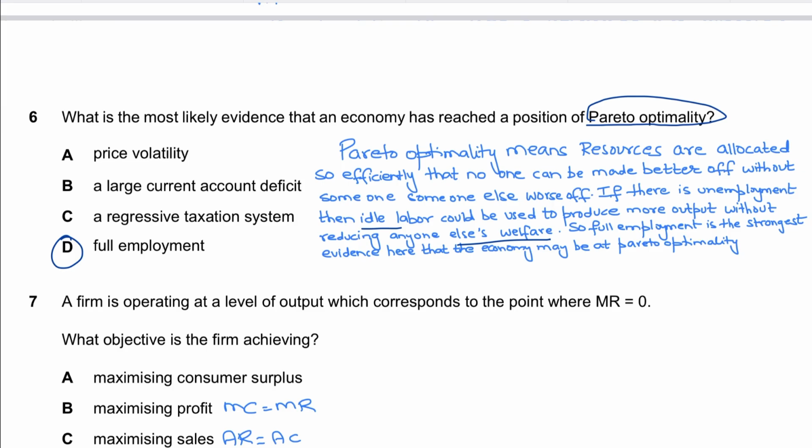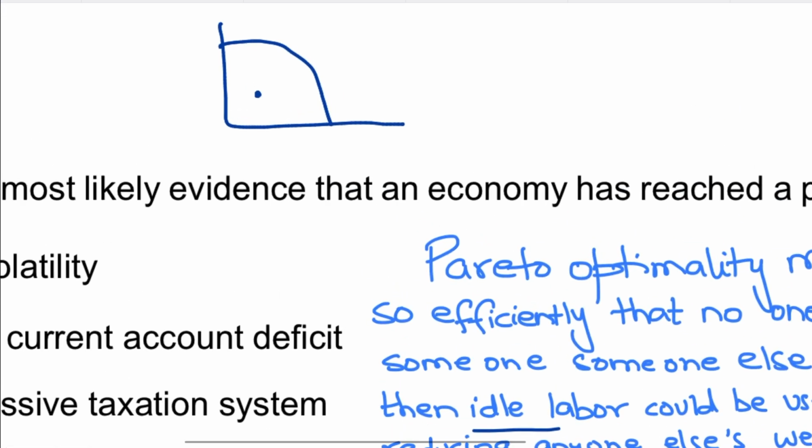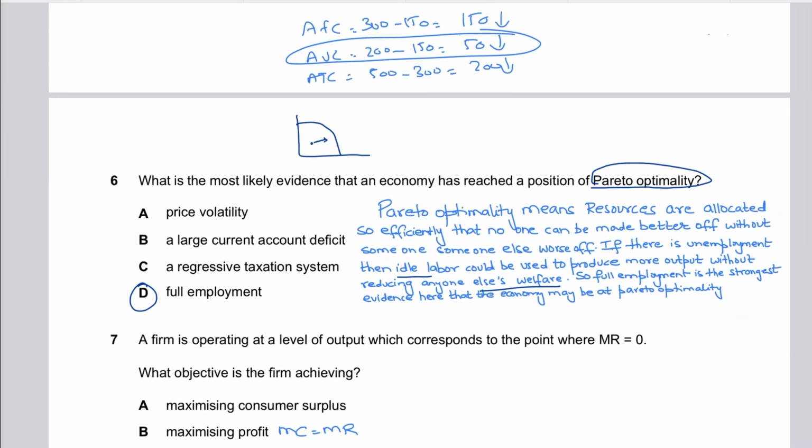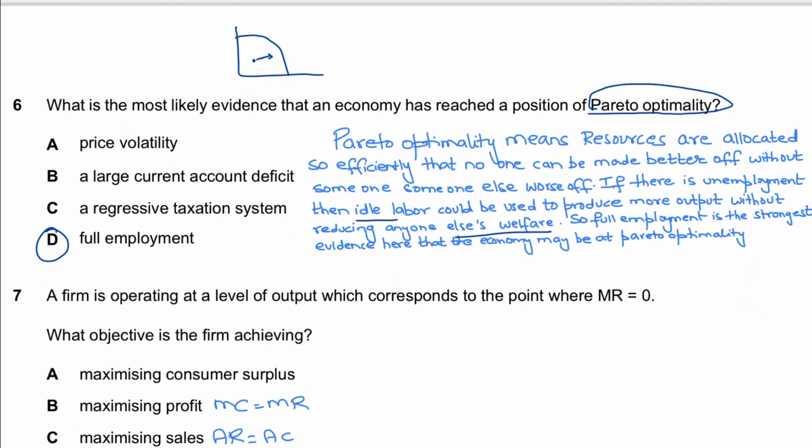That's why we say that when we're inside the PPC, when you have idle resources, you aren't Pareto optimal. Any improvements when we are moving closer to the PPC are considered Pareto improvements, not Pareto efficiency.